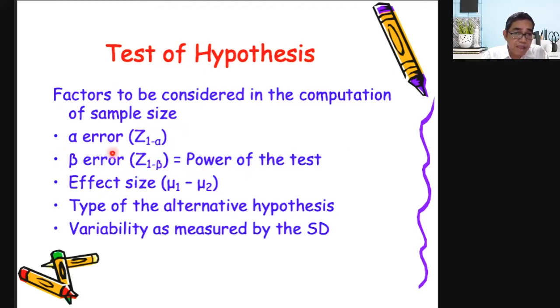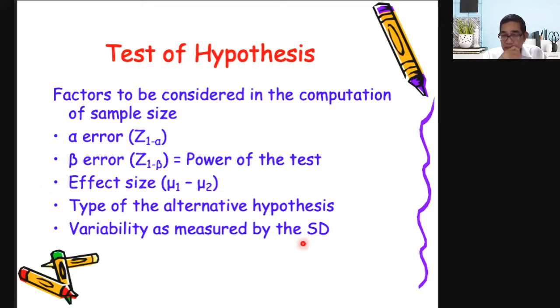And the beta error is also called the power of the test. And then the effect size, if we are talking of quantitative data, will just be the difference between the two means, the mean for the first group and the mean for the second group. The effect size will just be the mean difference.